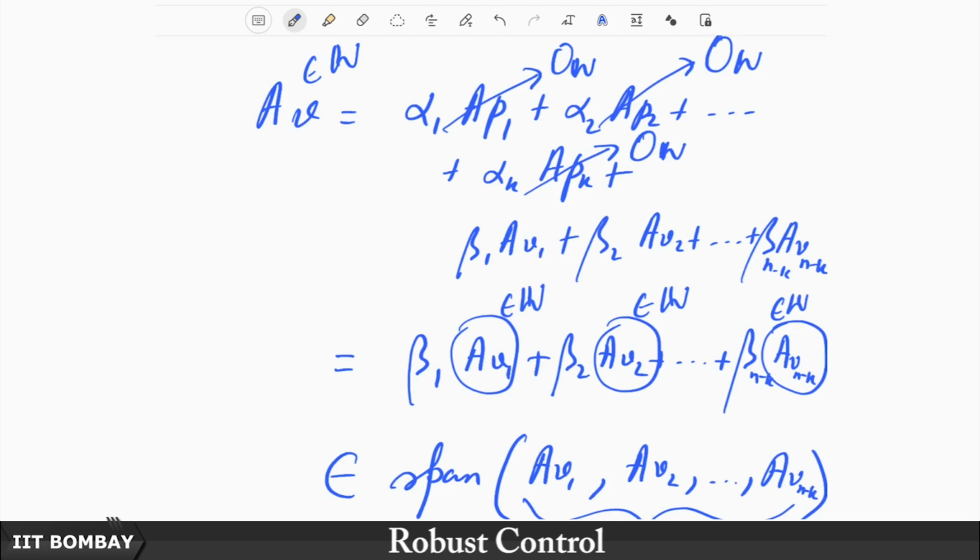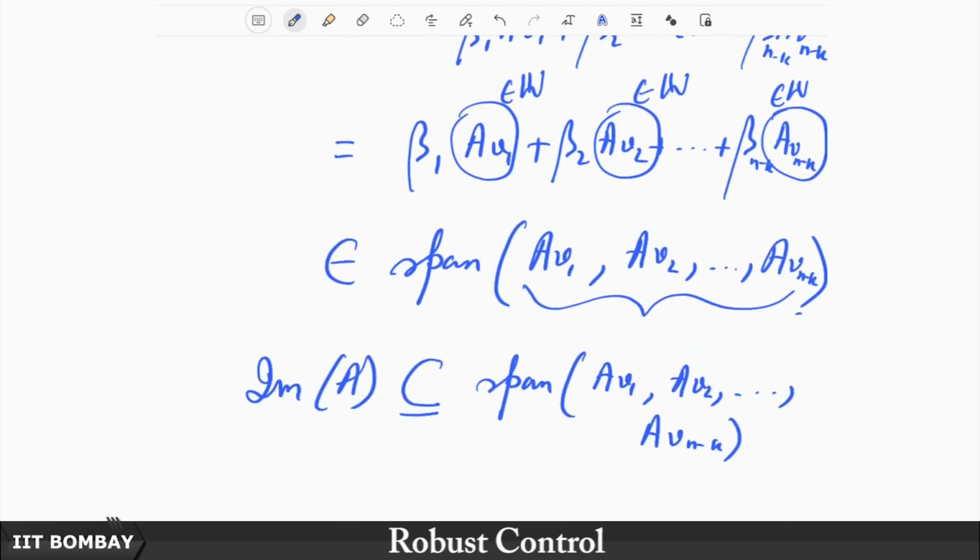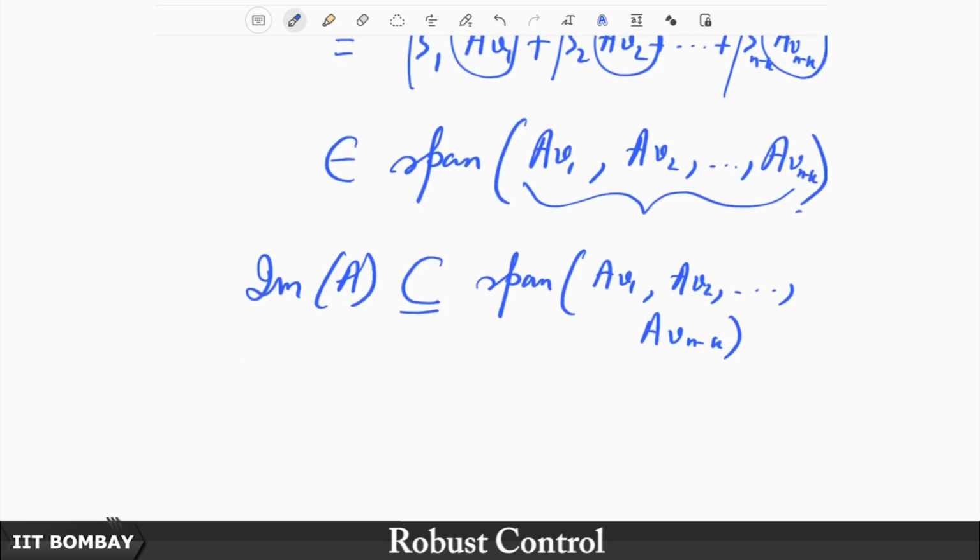Some special vector might not require all of them, but any arbitrary vector you pick in V, map it through this linear map A to an element in W, will belong to the span of these vectors. And moreover, the fact that these vectors constitute a linearly independent set tells you that the image is exactly equal to this span.